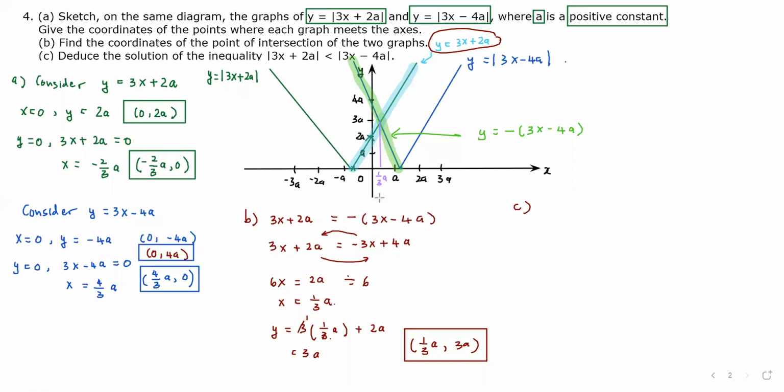From the point of intersection to the left of x equals 1/3 a, we see that this graph, which is the modulus of 3x plus 2a, is below the graph of the modulus of 3x minus 4a. So the solution to this inequality is x less than a over 3.